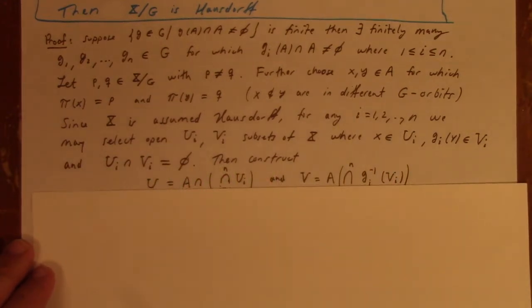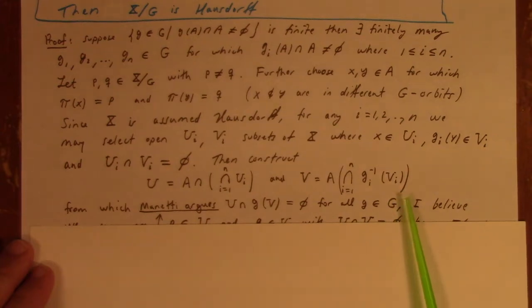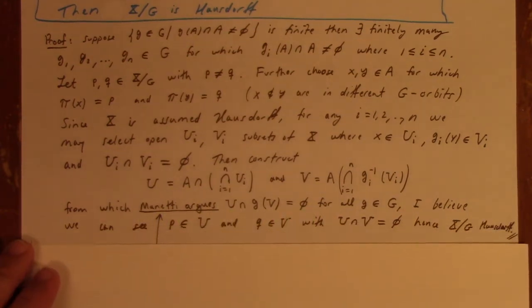And then I can construct, as does Manetti, U as the intersection of A with the intersection of all the U's, and V as the intersection of A with the inverse image of all the V's, right? And if you sort through this, Manetti argues that U intersect g of V is empty for all g.